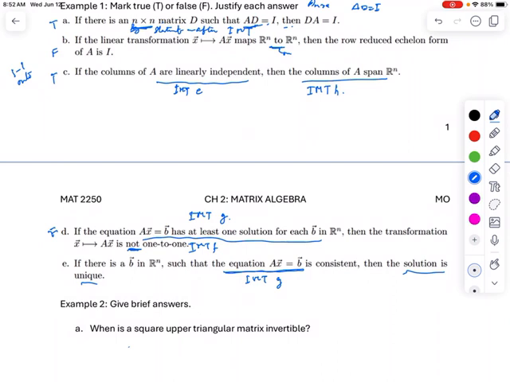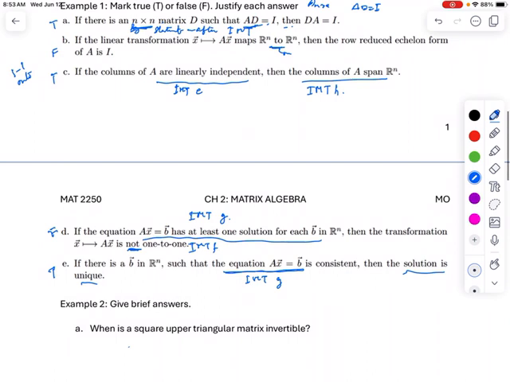Why? Because that is how we are getting our transformation one-to-one. That transformation that maps x onto Ax which is equal to b. So in other words, the transformation that maps x to b is one-to-one and it is onto, therefore this has a unique solution.